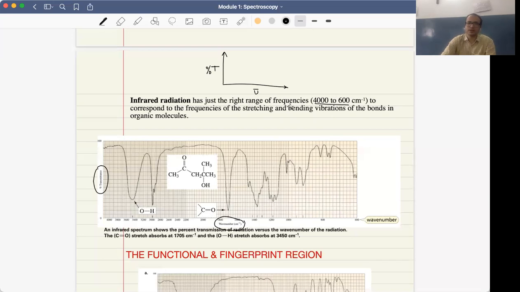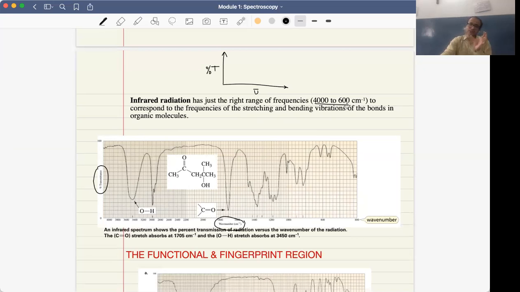So the infrared region falls in the range of 4,000 to 600 centimeter inverse.